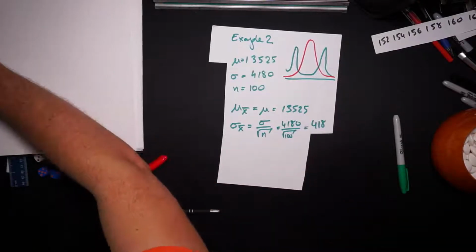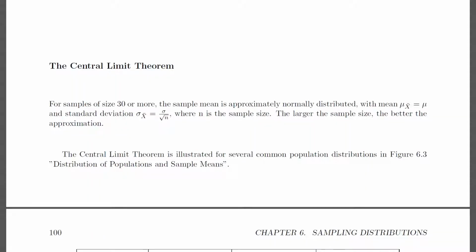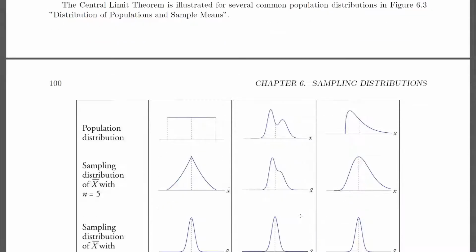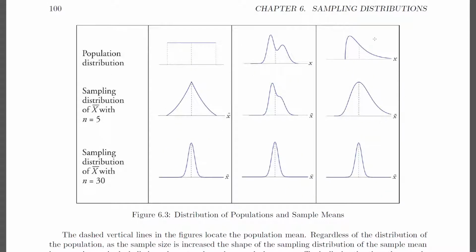But what does it mean? Well, it means that regardless of where you started, whatever your population looks like, eventually we're going to start seeing a normal distribution, in each case for 30 and above. So it doesn't matter if we started with a uniform distribution or something lumpy or weighted on one side, where most things are on this side and there are a couple of tall ones.